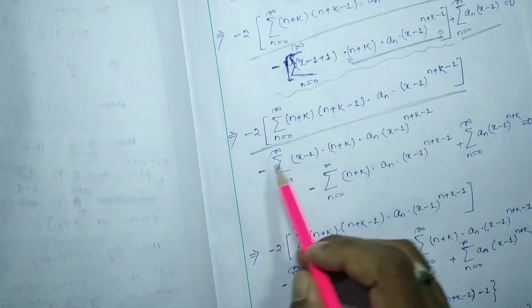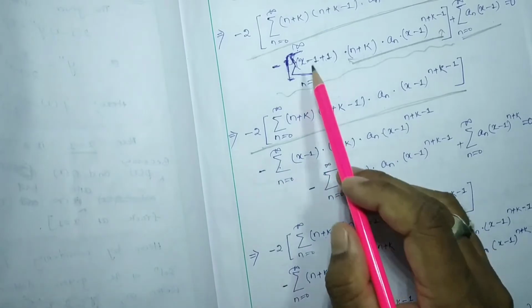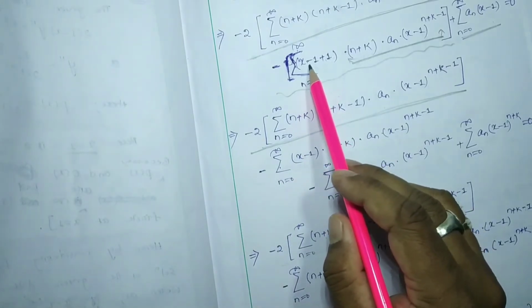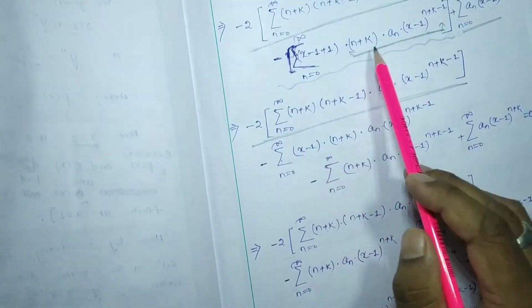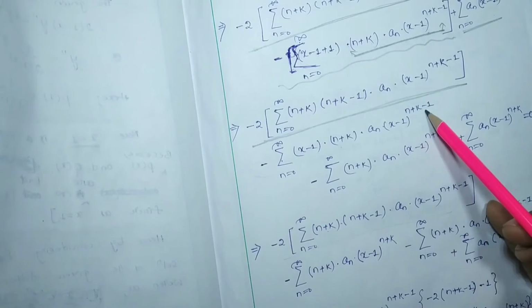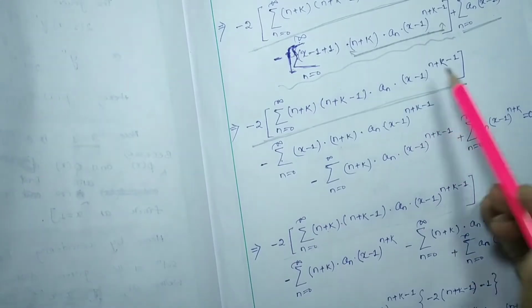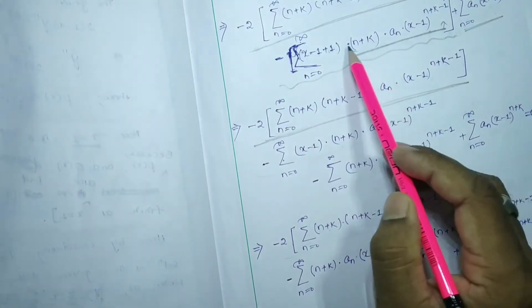Minus summation over n equal to 0 to infinity. x minus 1 is going to multiply with this one, so it will be x minus 1 into n plus k a n x minus 1 to the power n plus k minus 1. Now minus is there, so minus 1 is multiplied with this one.